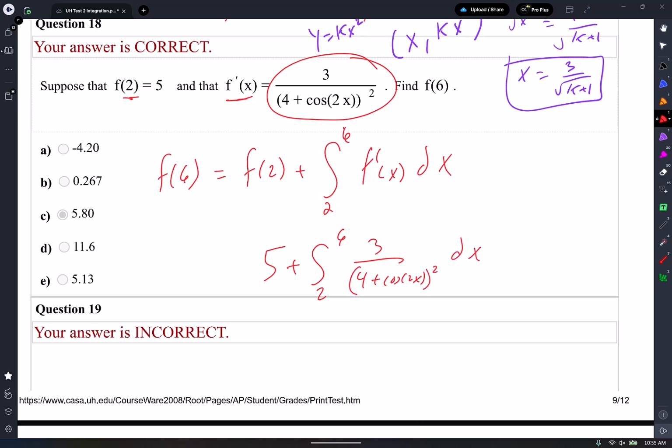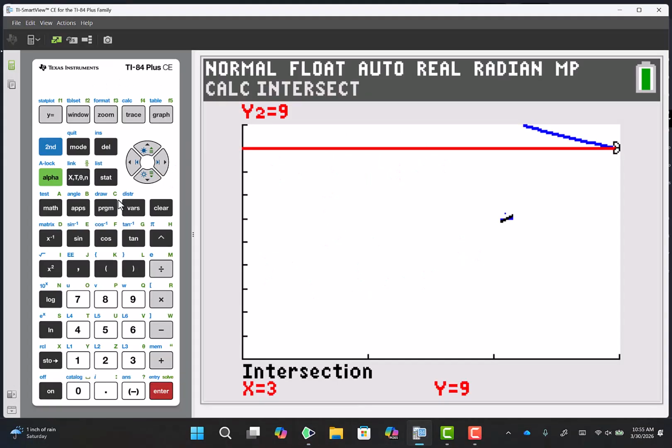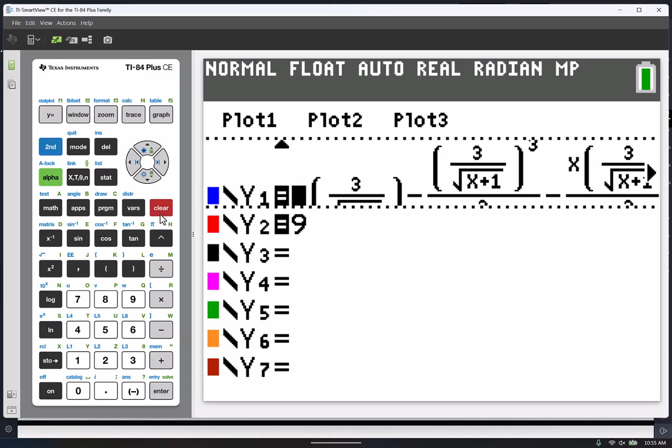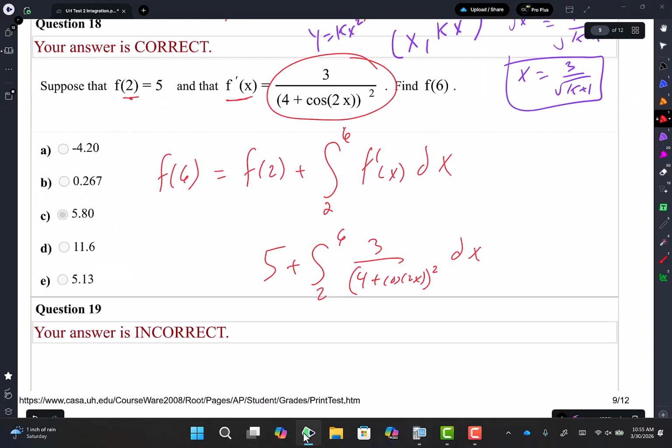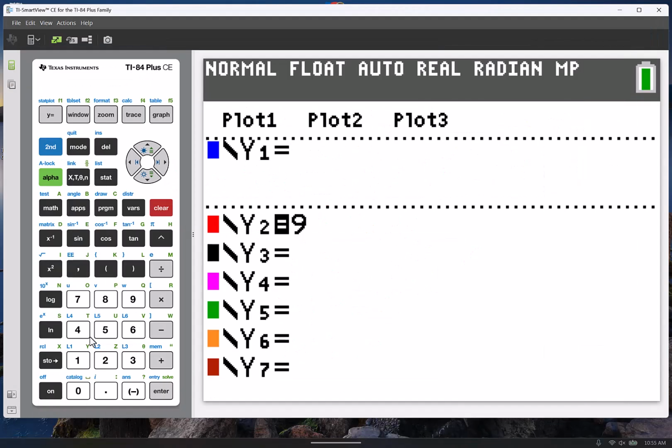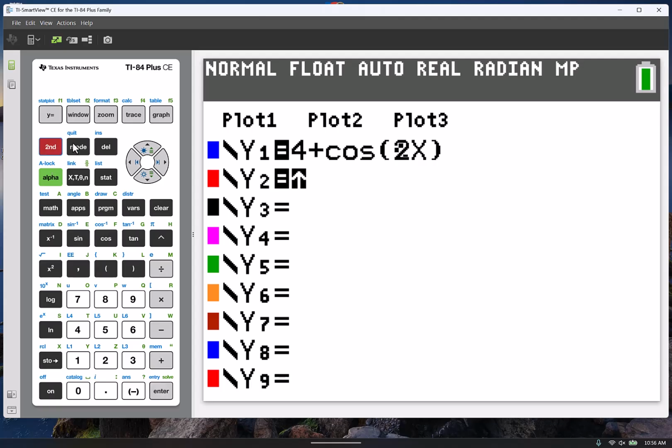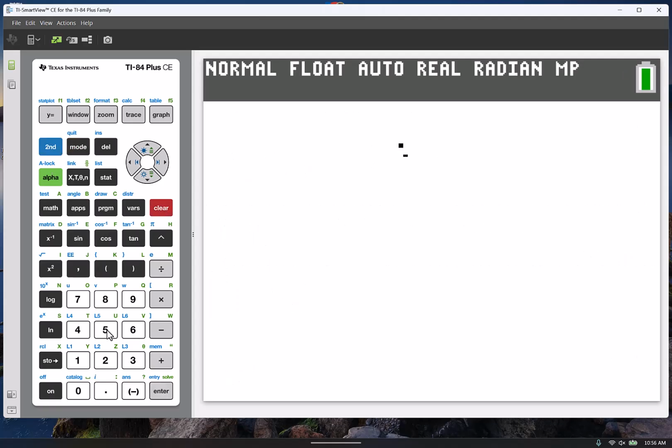If you feel that you're going to make a mistake with that cosine 2x, all those parentheses, put that in y1. Go y1, and I'm just going to type in just the trig part. 4 plus cosine 2x. So there it is, 4 plus cosine 2x. And I'm going to clear this. 5 plus math 9 from what to what? I already forgot. 2 to 6.